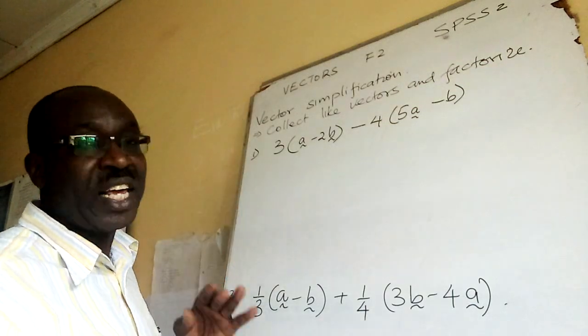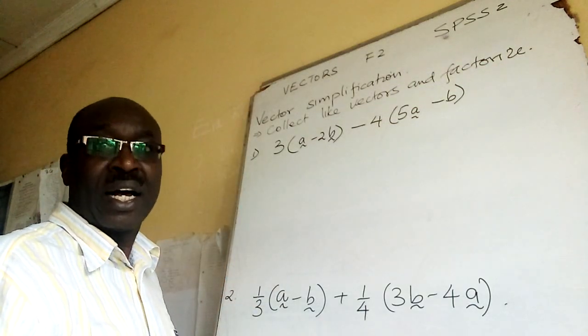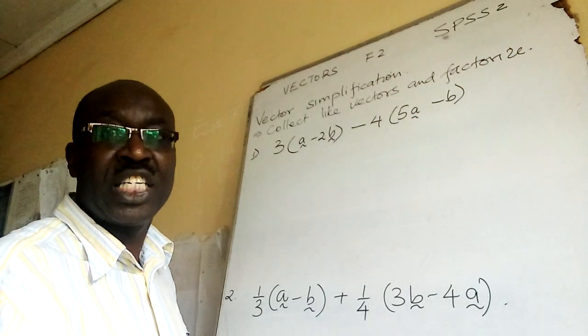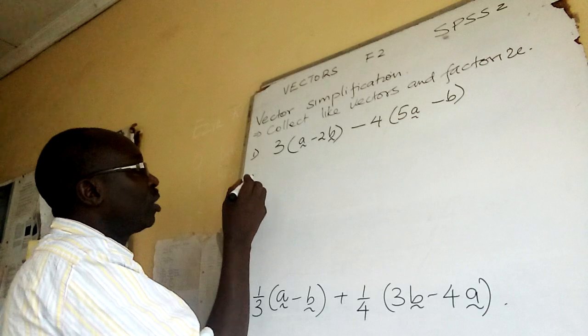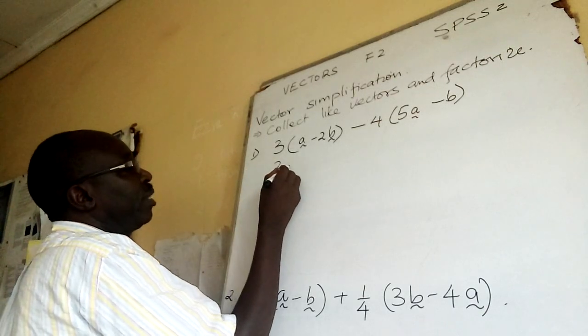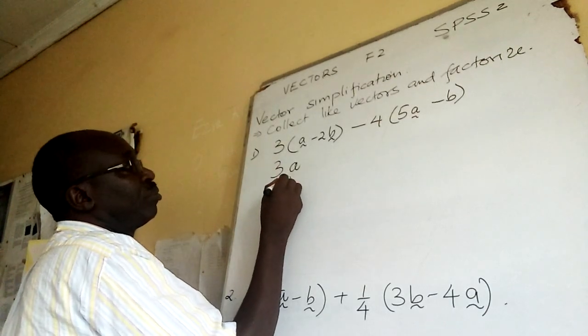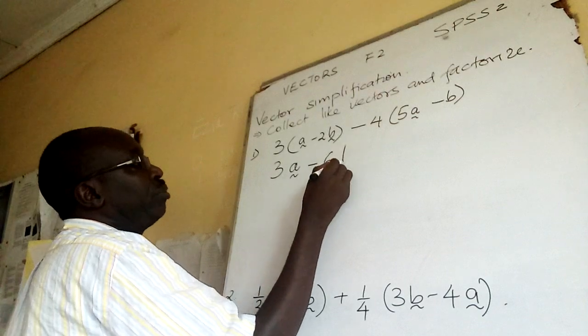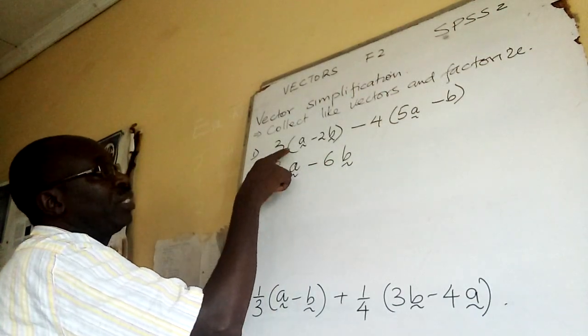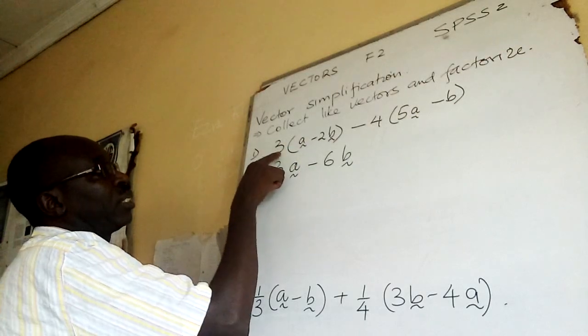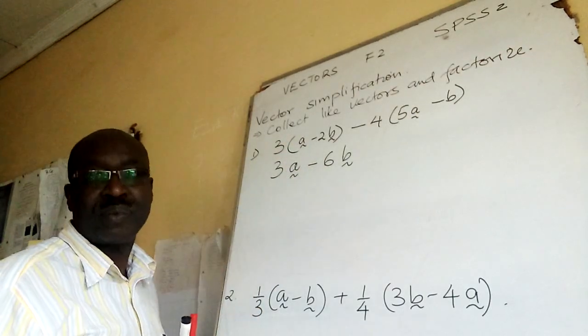So we have here, there is need to open the bracket. So we have 3a minus 6b. I have just opened this bracket. 3a, then that, 6b.